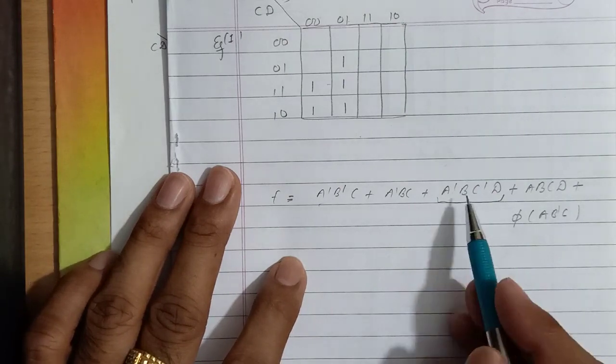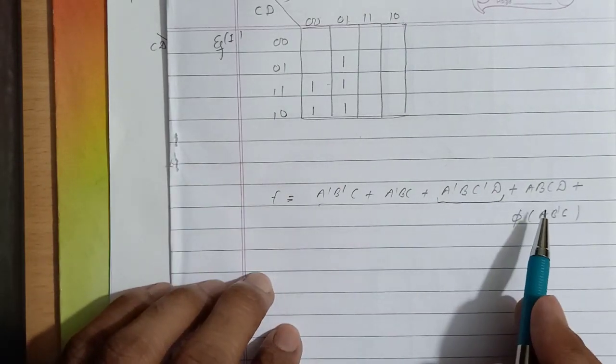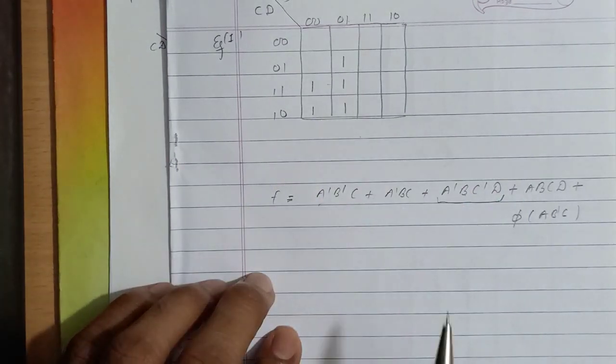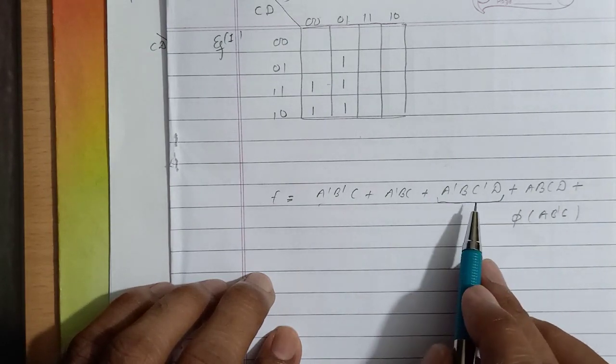We already know we can draw any function written in algebraic form directly into the K map, whether it is given in canonical form or not.